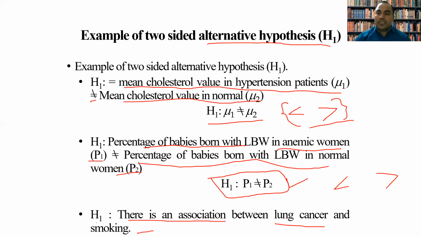This way we can understand the two-sided or two-tailed test. This is one-sided and two-sided. So this is a two-tailed test and the previous slide was a one-tailed test. So this is about types of alternative hypothesis.